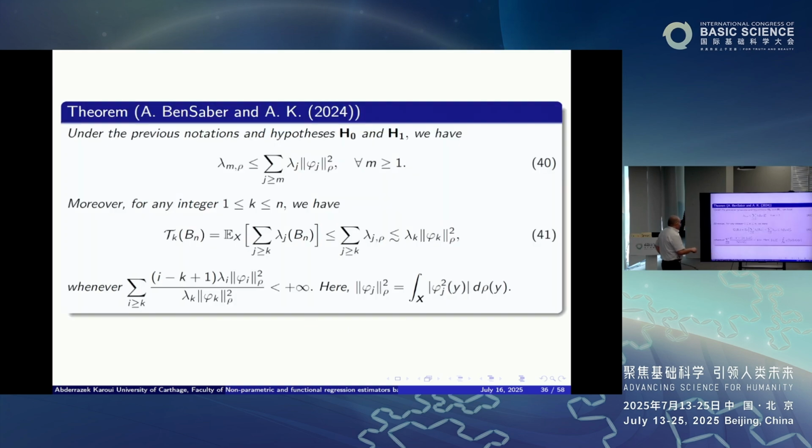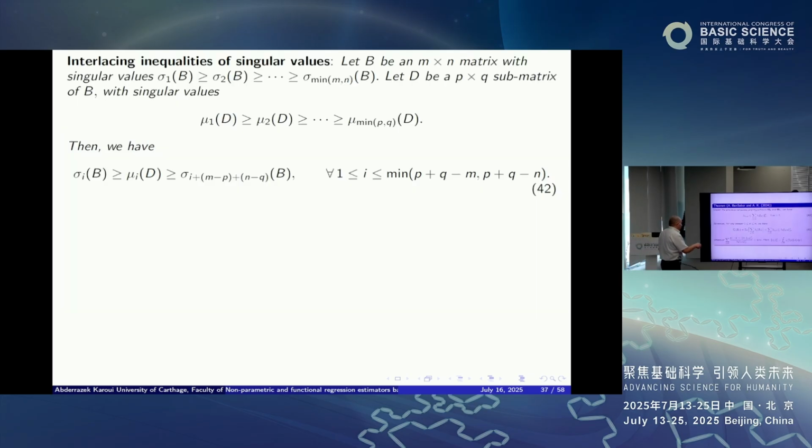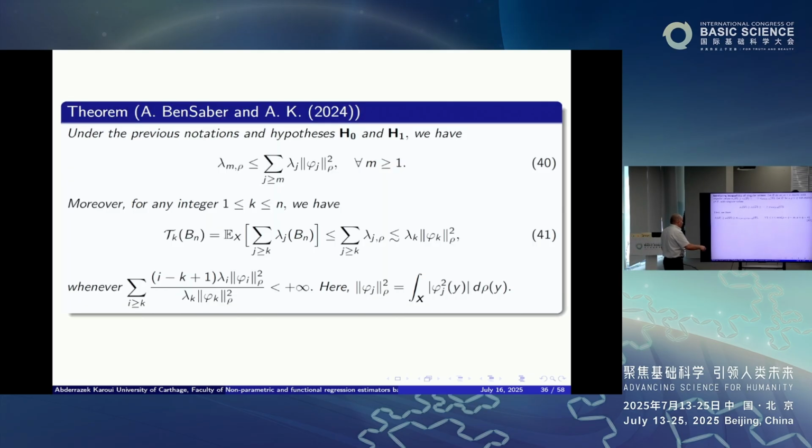Now, with my PhD student, Asma Basaber, we have an estimate of the unknown eigenvalues, the eigenvalues of the integral operator with the unknown probability measure. Also, we have the expectation of the tail of the eigenvalues of the random matrix.